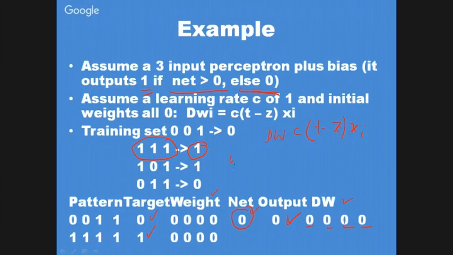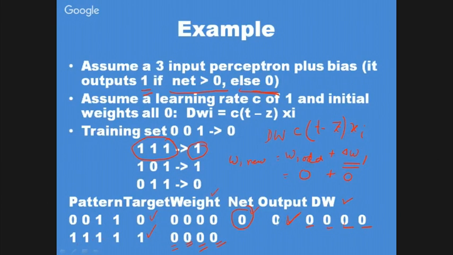We know that W1 new will be W1 old plus delta W1. In our case, delta W1 is 0 and W1 old is also 0. That means W1 new also will be 0. Similarly W2 new, W3 new, W4 new.